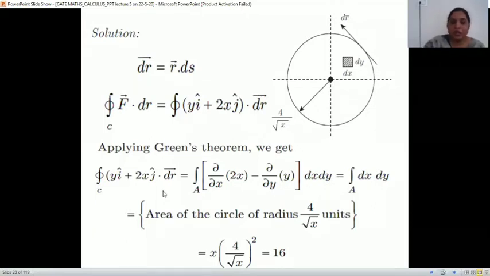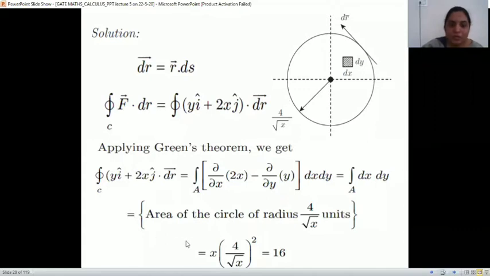And we know in Green's theorem we have seen a relation of single integration and double integration, right? So the integral of M dx can also be written as dr bar, which is dx i bar plus dy j bar plus dz k bar, right? So taking the dot product, we get y dx plus 2x dy.